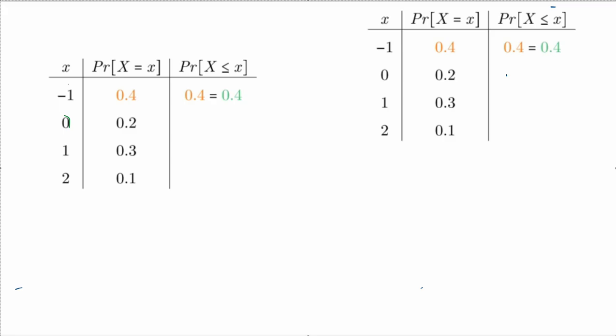And if the book doesn't give you the CDF, the other distribution, you can just do it yourself. Okay? So if you have one, you can retrieve the other. If you have the PDF, you can do the CDF. If you have the CDF, you can do the PDF. They're the same. They just tweaked it a little bit to show different things. Okay? But in our test, we need to know how to go from one to the other.